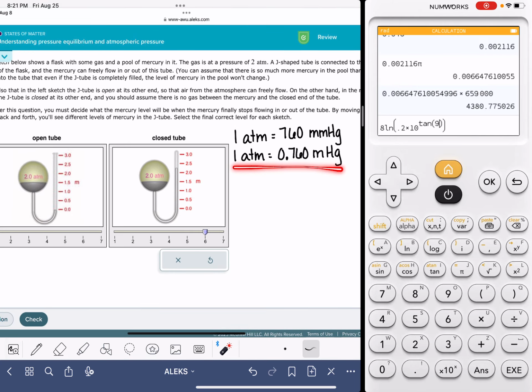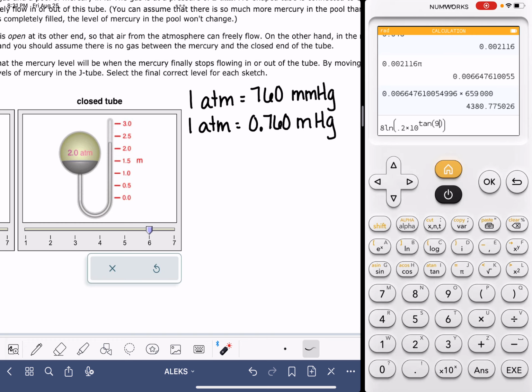Okay, so we're going to keep this in mind, and we're actually going to work with the closed tube situation first. So inside this closed tube, it tells us that there's this gas up above. This gray stuff here is the mercury, and then there's this gas up in this area above, and that gas has a pressure of 2 atmospheres. If we convert that 2 atmosphere pressure into meters of mercury, we would just use this relationship right here.